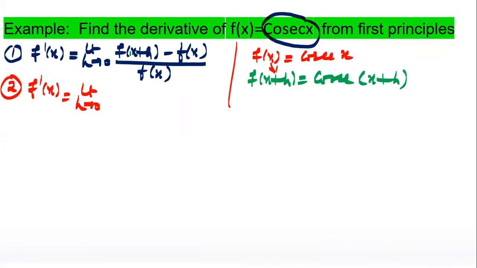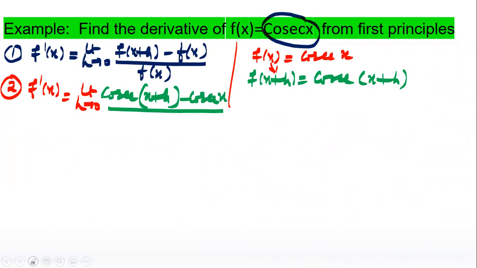Substitute the value over here: f(x+h) minus f(x) is cosec(x+h) minus cosec x upon h.